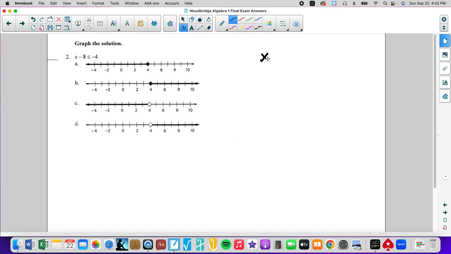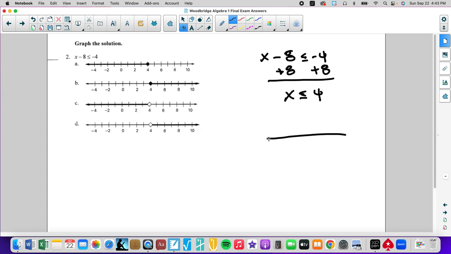Again, we have x minus 8 is less than or equal to -4. We'll add 8 to both sides. We get x is less than or equal to 4. So this means that my solutions are less than or equal to 4. So I do my number line.